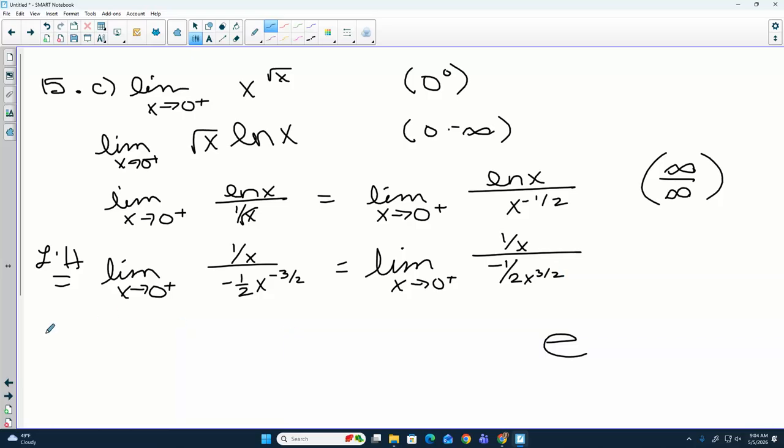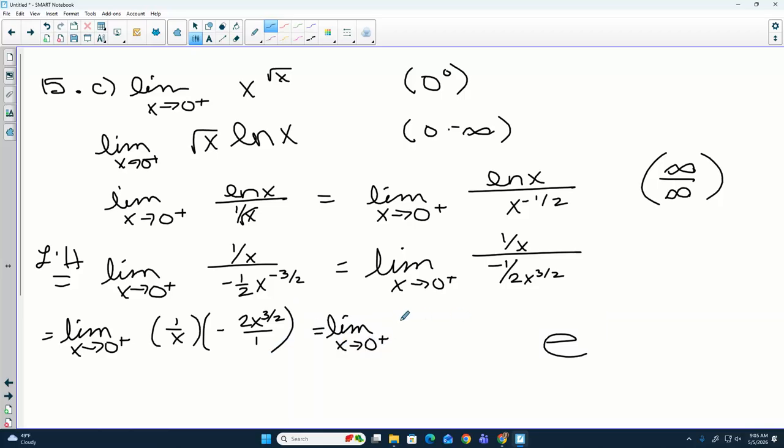If we want to divide fractions, we have to flip and multiply. So this is the limit as x approaches 0 of negative 2x to the 1/2. Now you can plug your 0 in, finally.